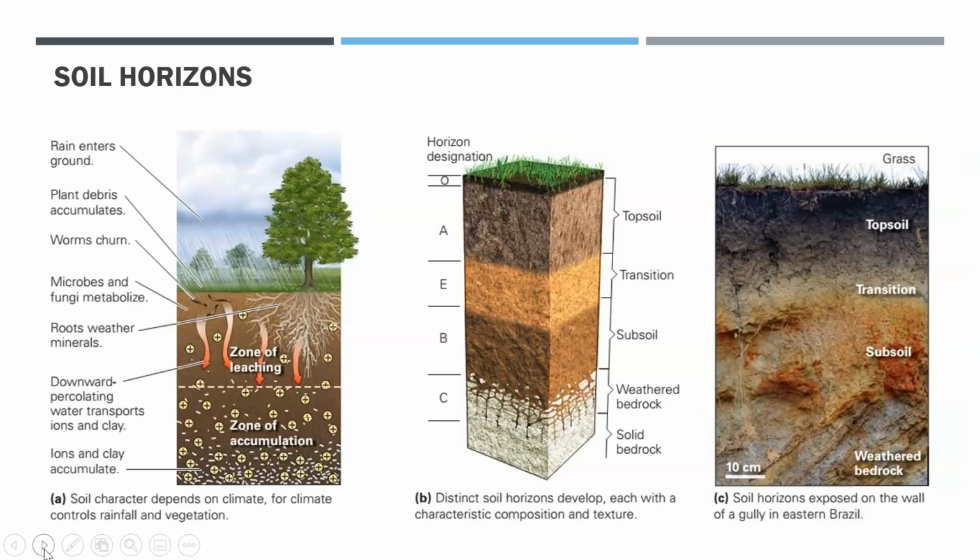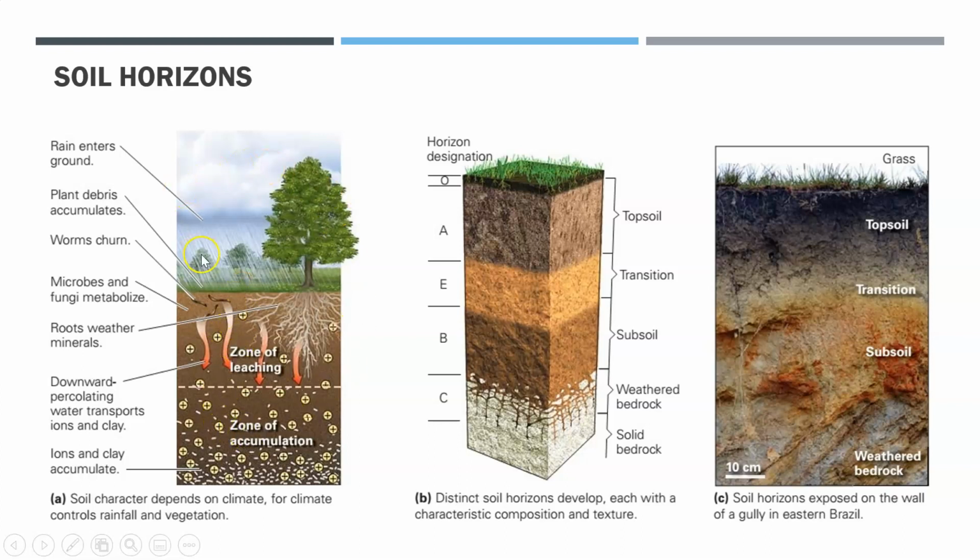So as I mentioned, the soils have horizons, and these are the stratified layers of the soil. You can usually see a pretty decent change in the composition in terms of the size of the particles and the content in these particles. So let's look at this a little closer. So we see that our soils, we've got the zone of leaching and the zone of accumulation.